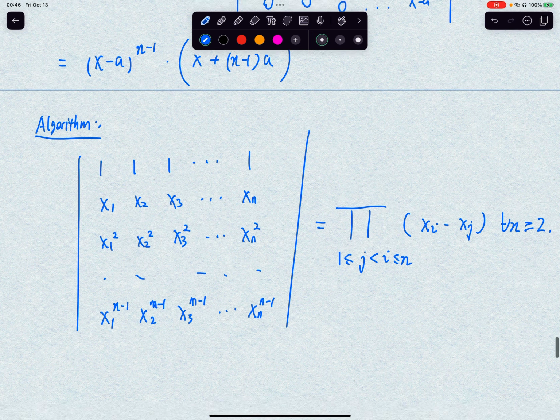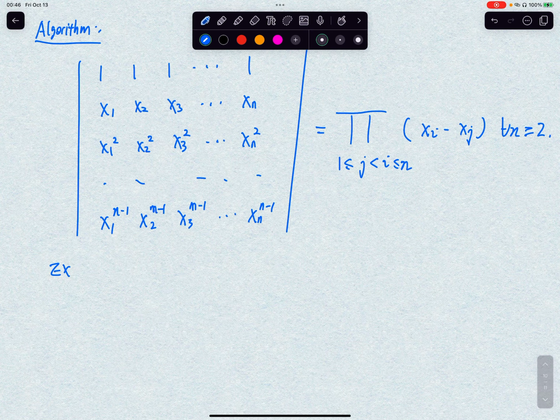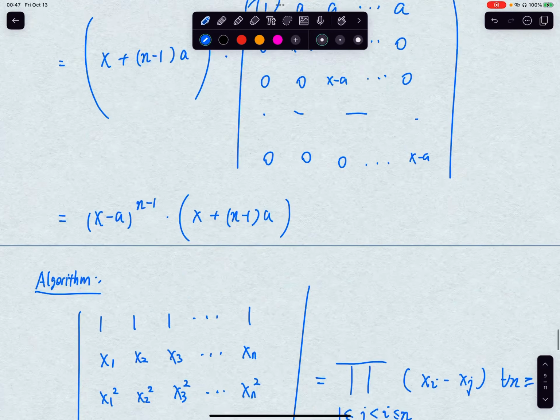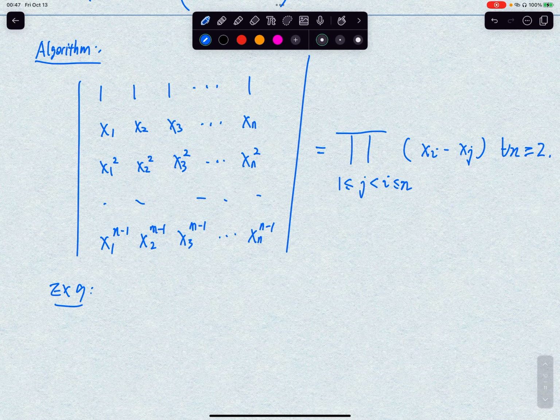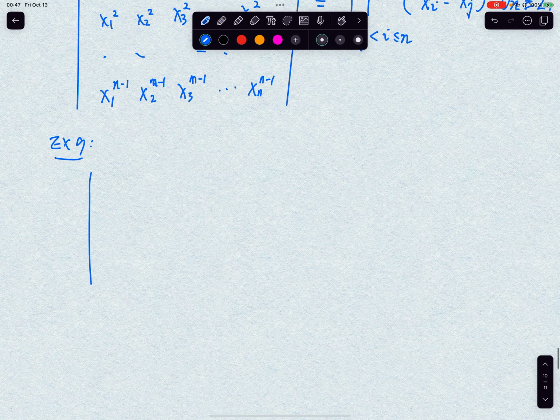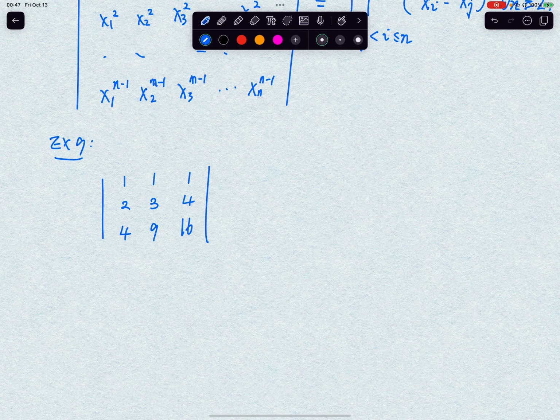So for example, we're moving to example 9. If we're dealing with a matrix, let us only calculate a 3 by 3: 1, 1, 1, 2, 3, 4, 4, 9, 16.